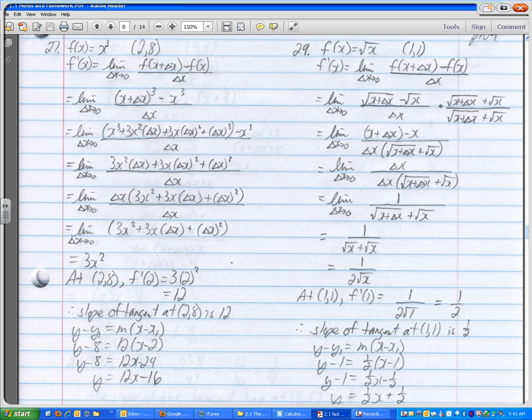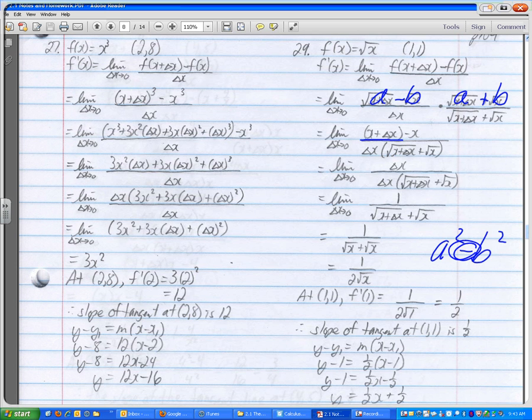Now, I think this is a little easier to simplify than the one we did on 21. Because what I see when I look at this is A minus B times A plus B. And I know that the result of that is A squared minus B squared. So if A is the square root of x plus delta x, A squared would be the square root squared, so you get x plus delta x.